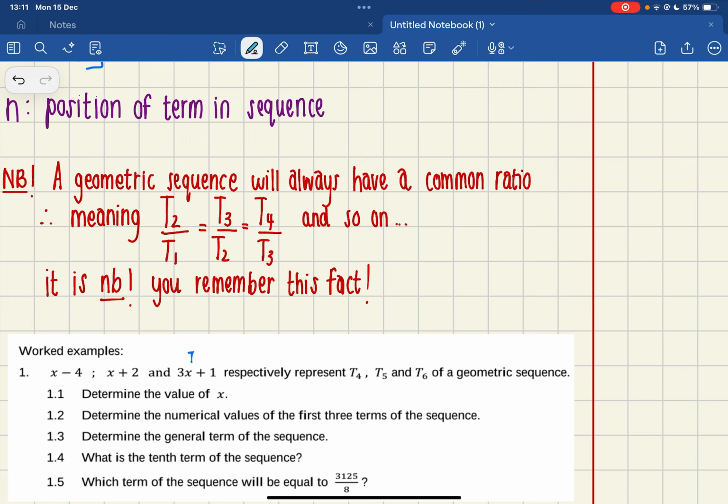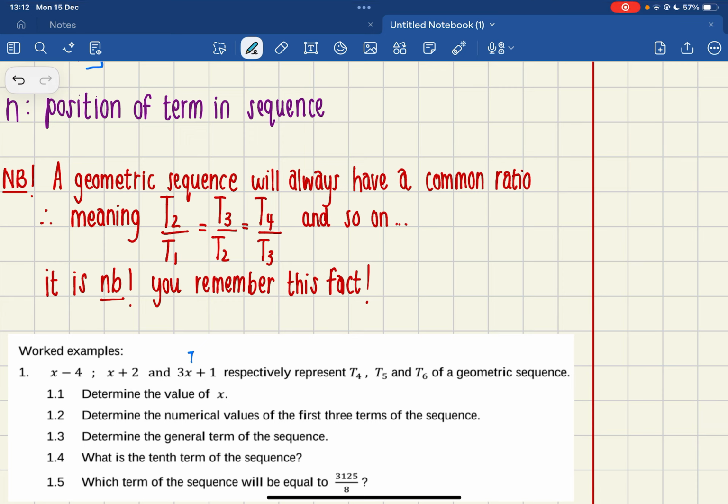When you're dealing with a question and they tell you that the sequence is geometric, you should always know that the second term over the first term is equal to the third term over the second term, and so forth.